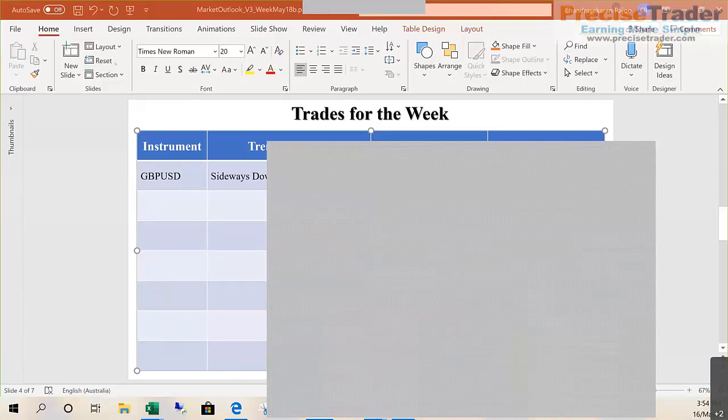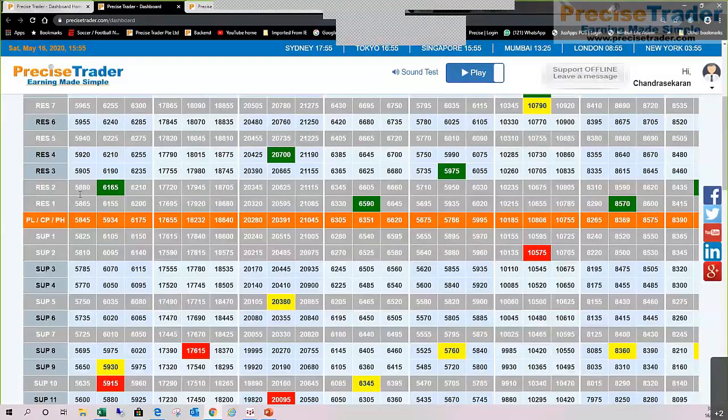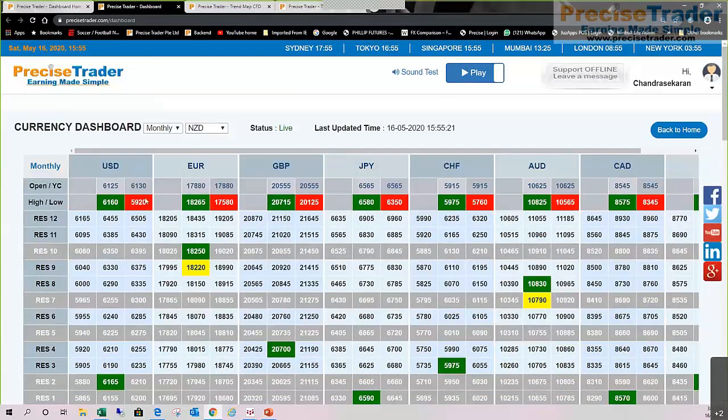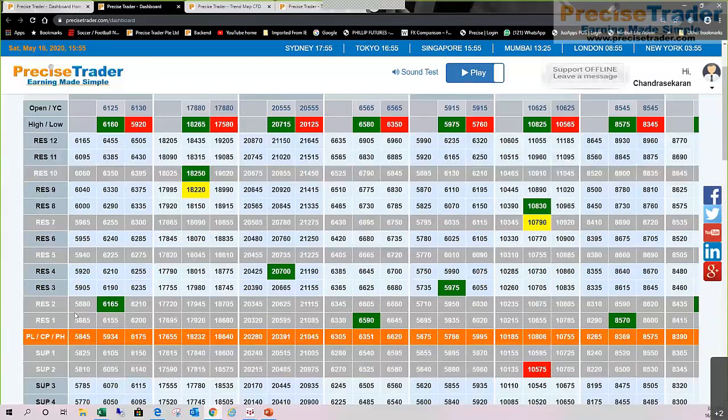So overall we are expecting the New Zealand dollar to weaken once the breakout happens. And the final target we are looking at is about 58.80 or 58.10. Okay, this is our target.